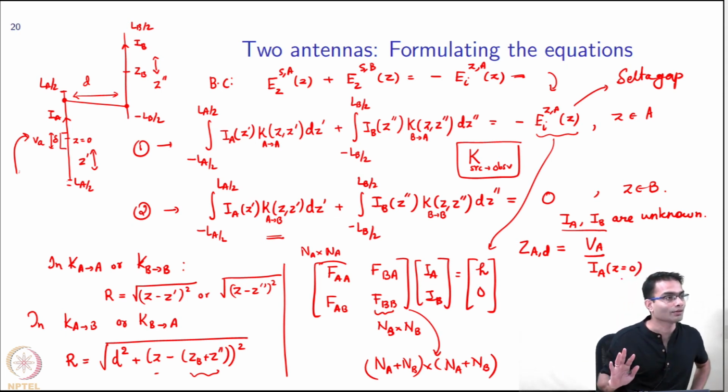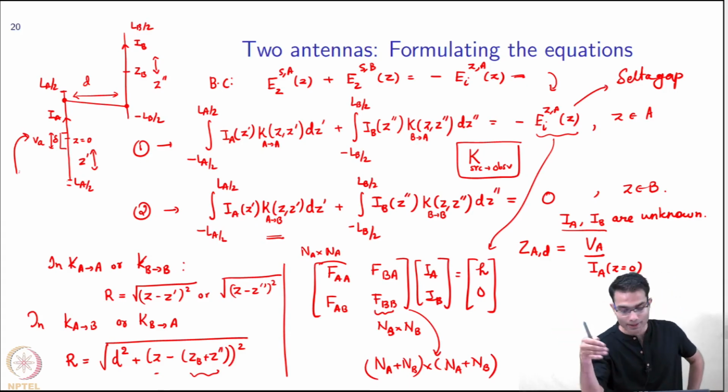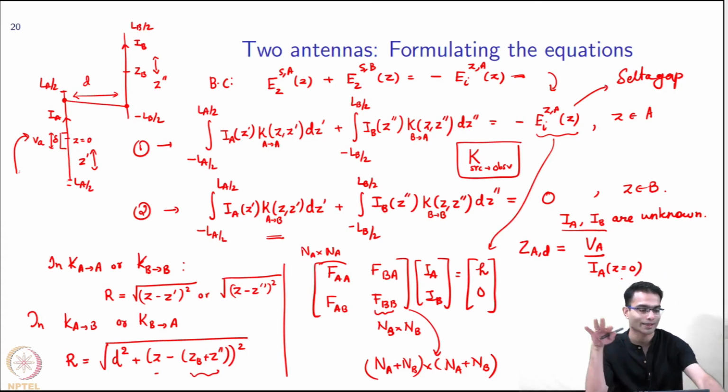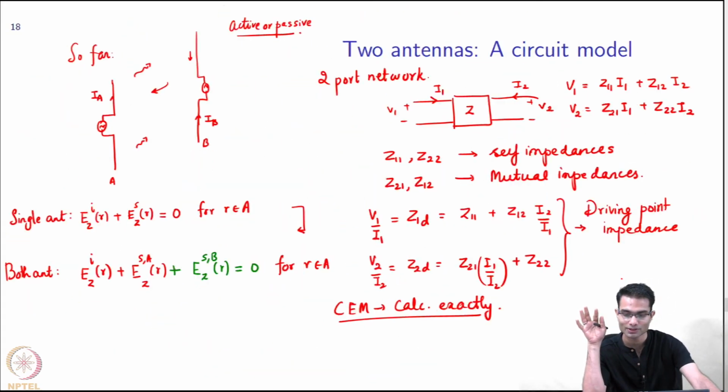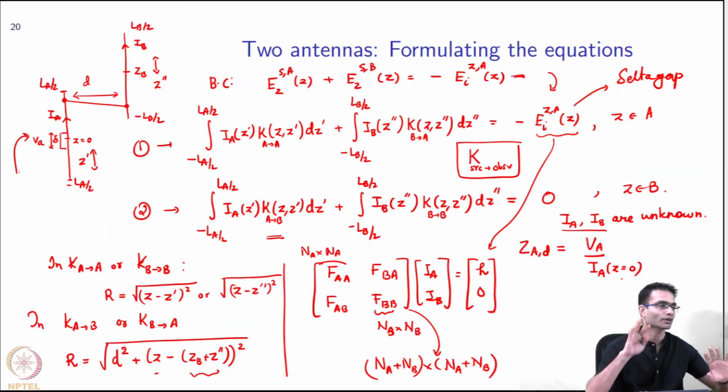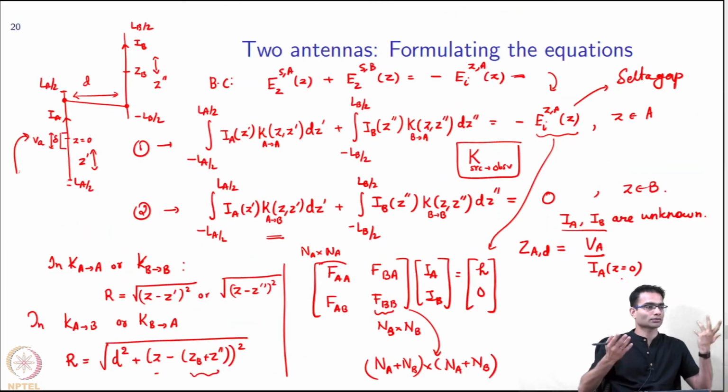And why is it all? Because IA is not the current in the absence of the other object. IA has come as a solution of everything, all the mutual coupling has been taken into account. So, it is slightly different from this circuit model where I need to first find out Z11, then Z12 and the ratio of currents. Here I am directly solving this problem, finding out the current at the input terminal, that is my driving point.